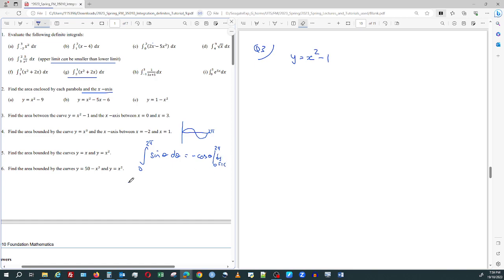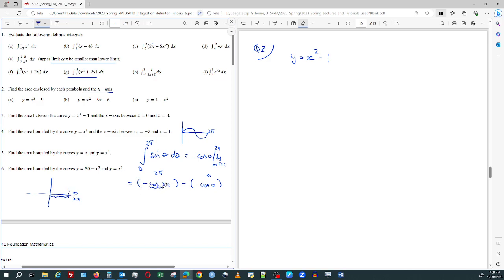Now, our scaffolding will be based on 0 and 2 pi. So we'll have minus cos 2 pi and minus cos 0. Now, our exact values trig require us to understand that 0 and 2 pi are here, and the cos is asking for the length there, and we know that's 1.